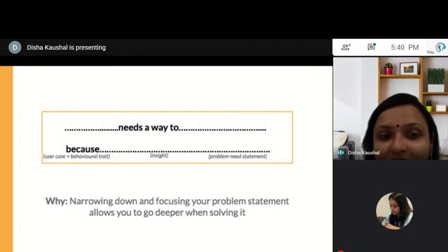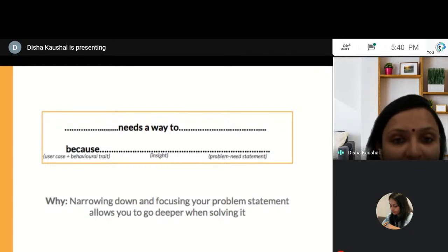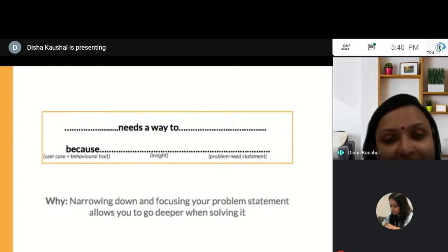So this is an example of a problem statement which talks about a specific problem. Are you understanding, Priya? You know how to frame a problem statement.